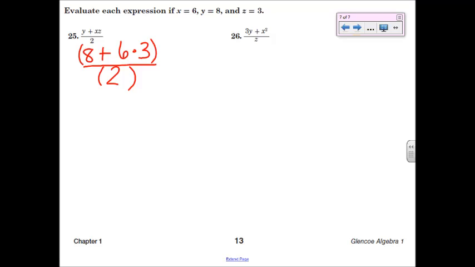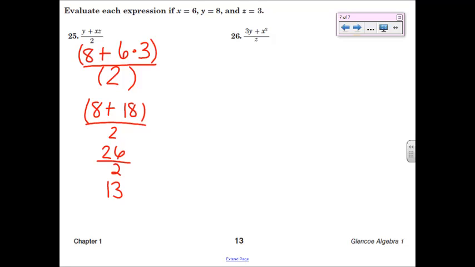So the first thing that we do is the parentheses, the numerator, and inside there, the first thing we run into is multiplication. So we have 8 plus 6 times 3 is 18. And then inside the parentheses on top, we have 8 plus 18 is 26. And then we have 26 divided by 2, which is 13.